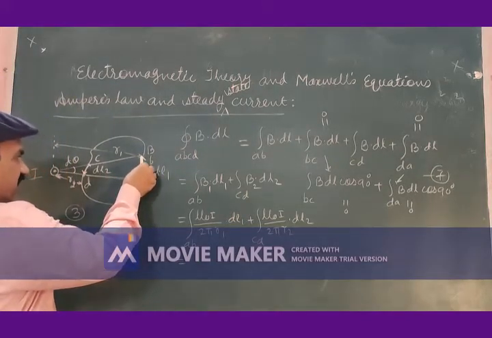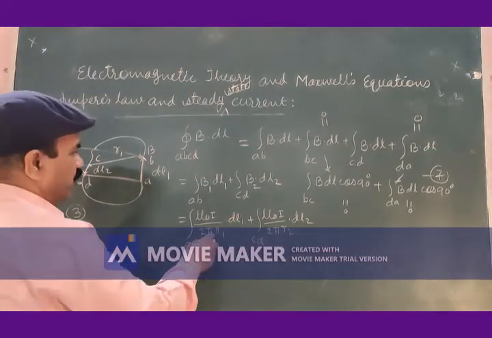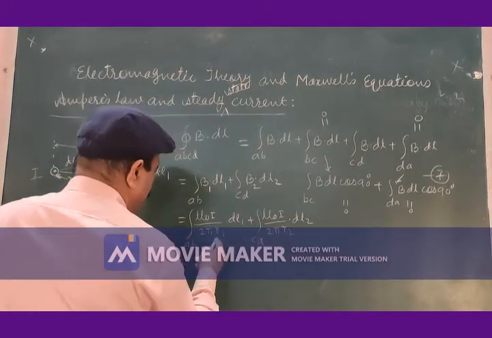If these two coincide here making angle 0, here the angle will become pi.